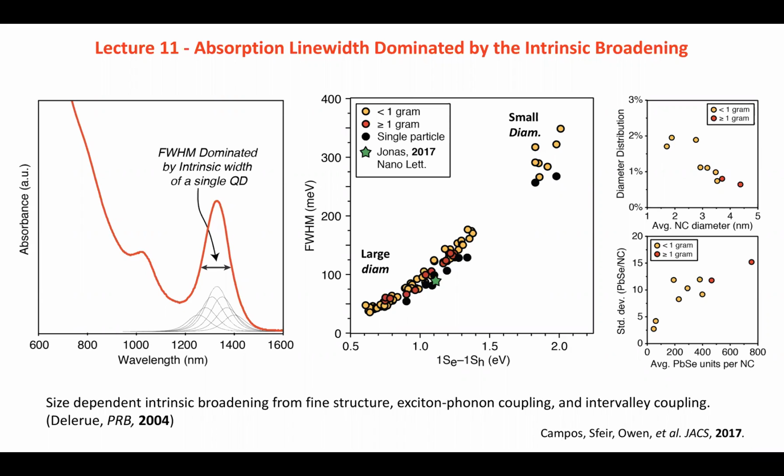And actually, just growing the particle from here to here makes that peak get narrower, and has led many people who didn't think about this to conclude that the polydispersity is narrowing because the peak is getting narrower, right? Peak gets narrower, that tells you the polydispersity is narrowing. That's wrong because of the size dependence of the intrinsic breadth.